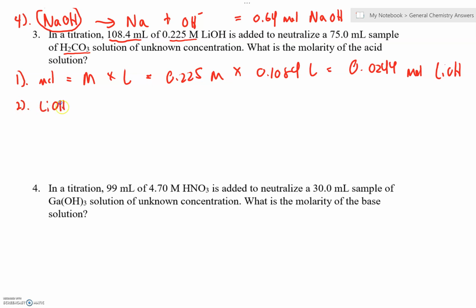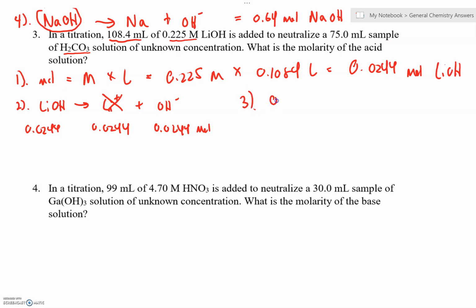Step 2, we're going to take that lithium hydroxide and dissociate it so we know how many moles of OH minus we are going to get. You guys have been doing this for a while, and you know that lithium hydroxide only has one. So 0.0244 moles lithium hydroxide dissociates into 0.0244 moles of lithium, which you don't even care about, and 0.0244 moles of OH minus.